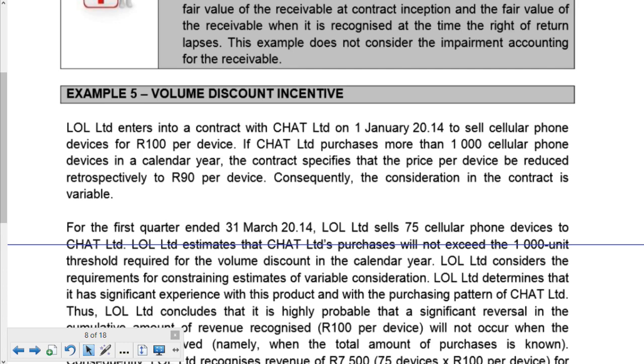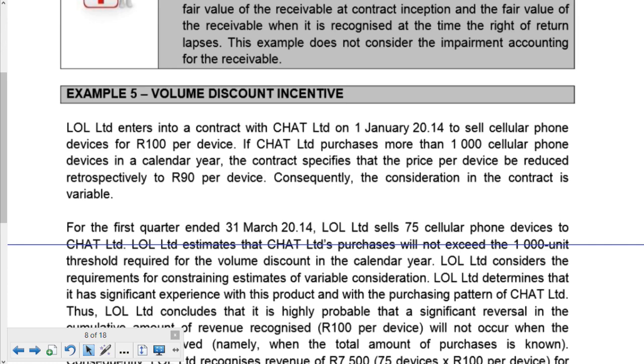In second year, or first year even, you dealt with volume discounts or settlement discounts, isn't it? And if you remember from even first year, we offset discounts against revenue, isn't it? We don't show discounts as an expense. We show revenue as a smaller amount because of discounts. So this is one of those.